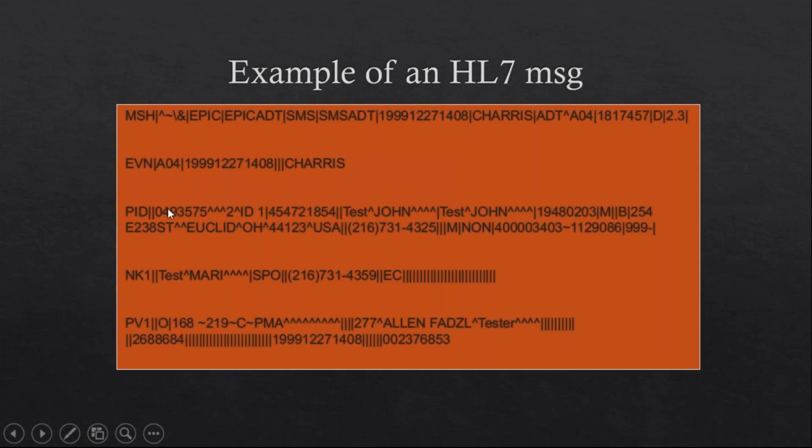Whenever we read an HL7 message, we read it with the segment name and the field number. For example, the segment name is PID, and we number each field: this is the first field, this is the second field, the third field, the fourth field, the fifth field, and so on.